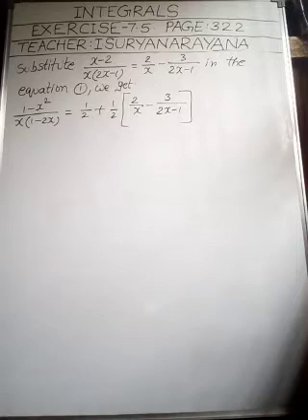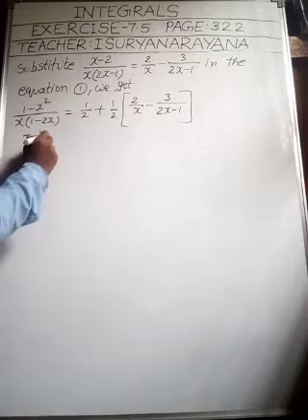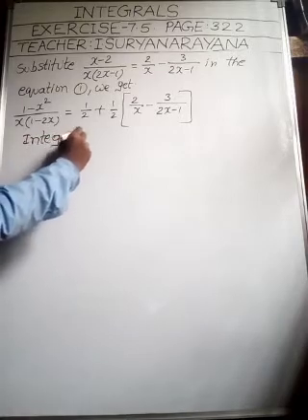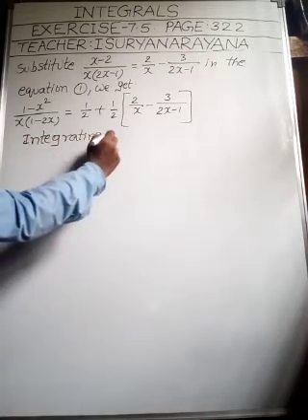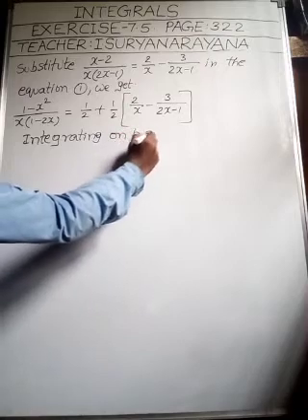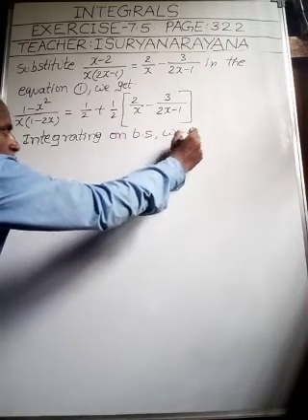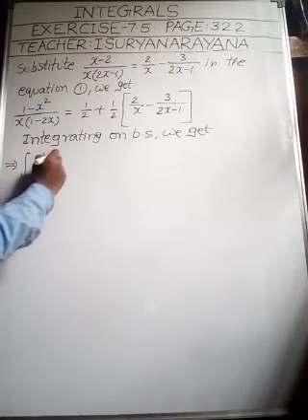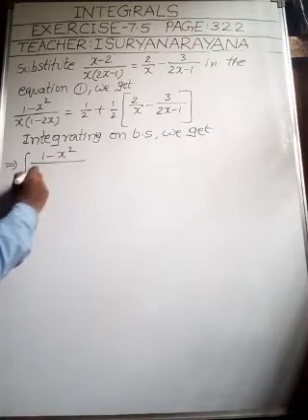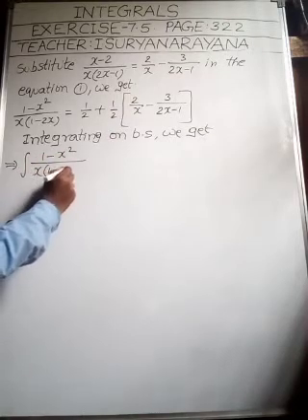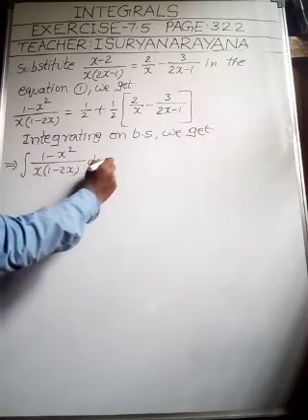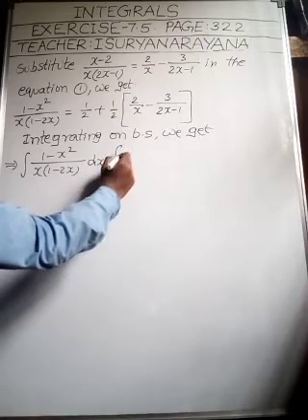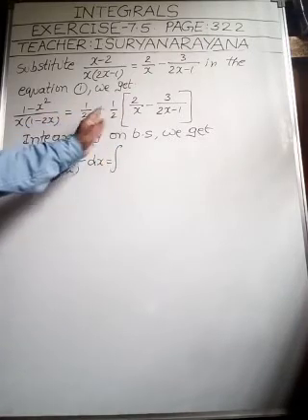Right. Now integrating on both sides. By integrating on both sides, we get integral 1 minus x square by x into 1 minus 2x dx is equal to integral, here two terms are there.